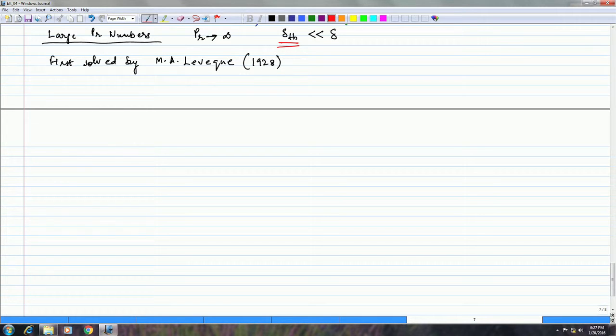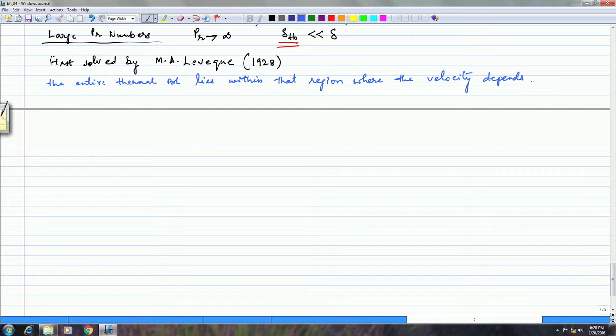So we can basically say that the entire thermal boundary layer lies within that region where the velocity is a function of y.